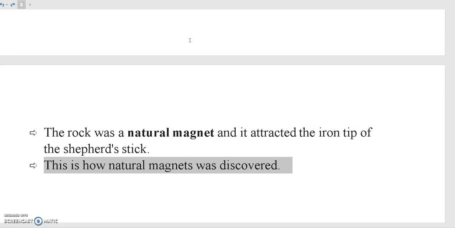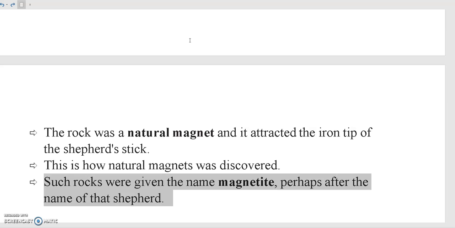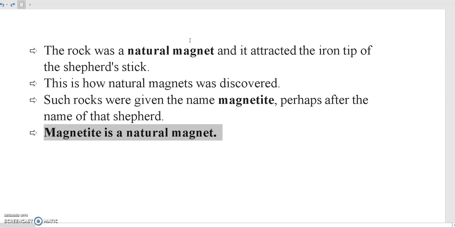So, before we look at the definition, this was the story. This kind of rock was given the name magnetite, maybe because the name of the shepherd was Magnus. From this we can say that magnetite is a natural magnet because it's found in nature.